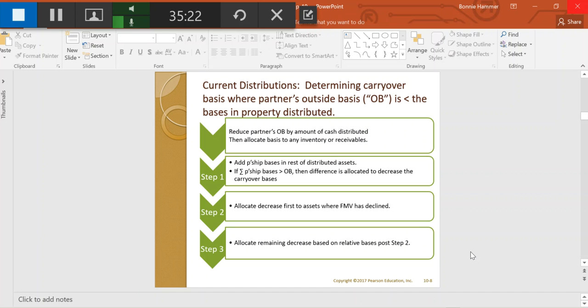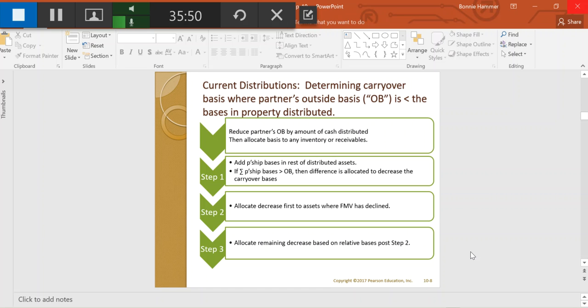Then he allocates his leftover basis, whatever's left in his partnership interest, to any inventory or receivables received in distribution first. And then he would add partnership bases in the rest of the distributed assets. He adds those up together.